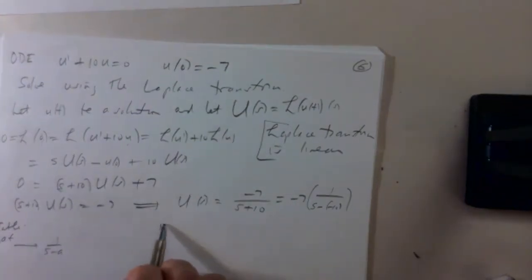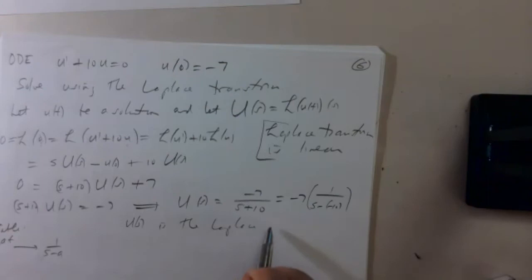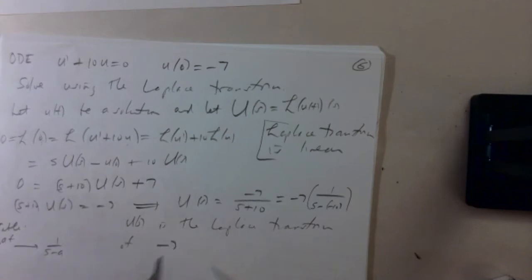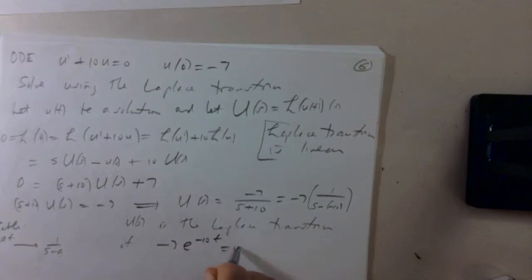So u of s is the Laplace transform of the function minus 7, let's see, a is minus 10, e to the minus 10t.